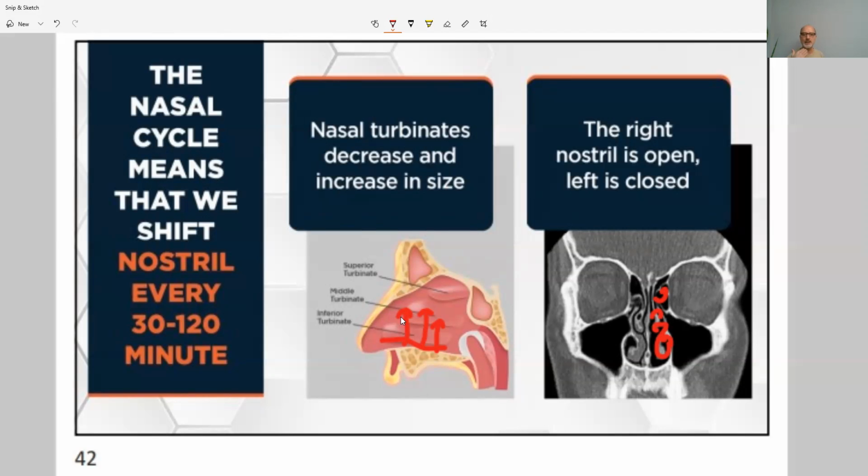And nitric oxide is released from our upper palate, and it's a very powerful antiviral, antibacterial, and antifungal, as well as being a very powerful vasodilator. And it dilates not only in our sinuses, but our lung tissue, our alveoli.